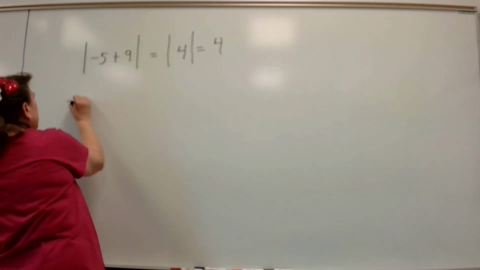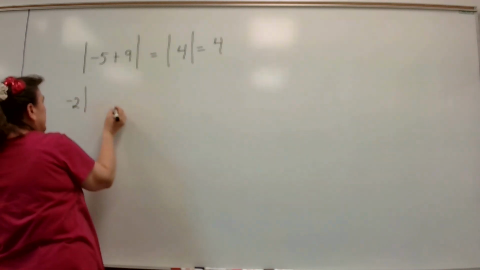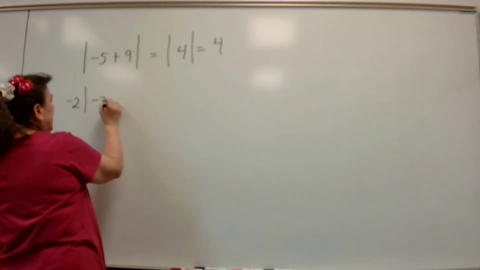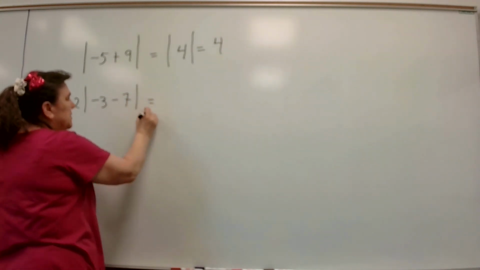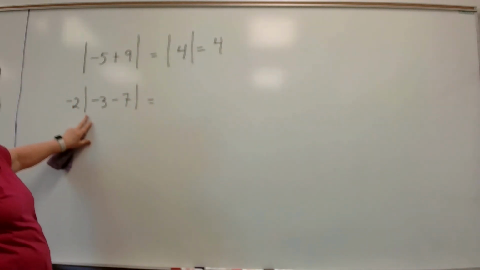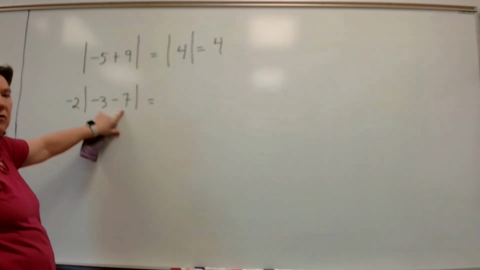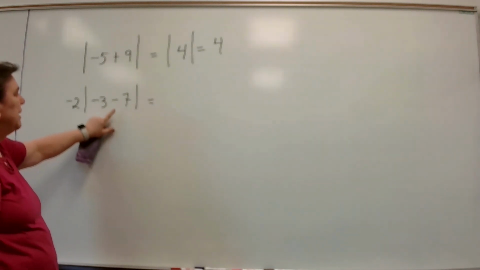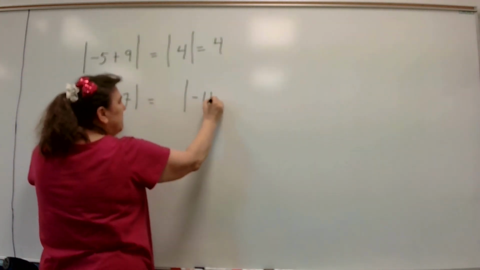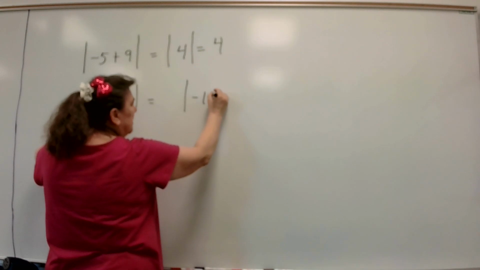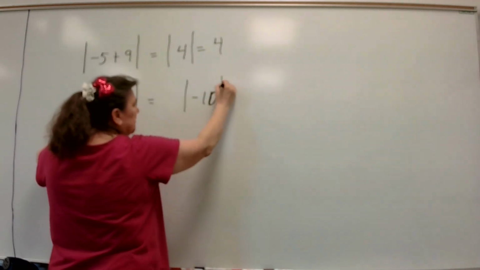If I had a negative 2 times the absolute value of negative 3 minus 7, my first thing I'm going to do is take care of what is inside the absolute value. Negative 3 minus 7 is going to give you a negative 10 inside that absolute value.